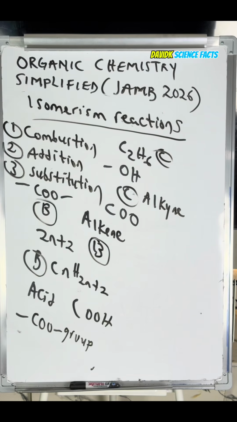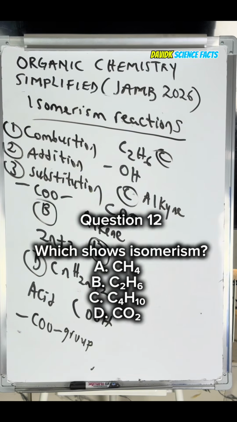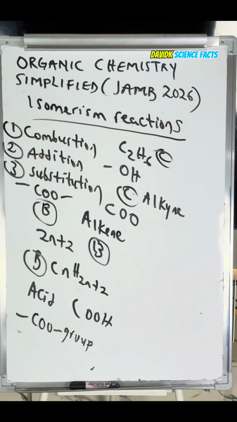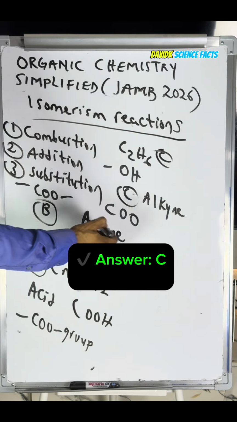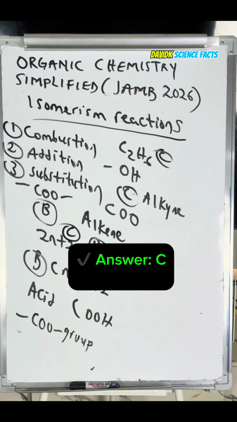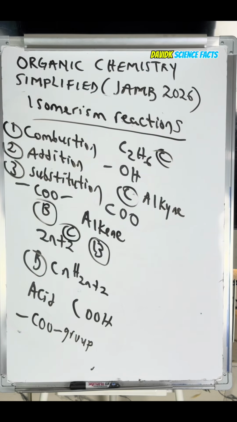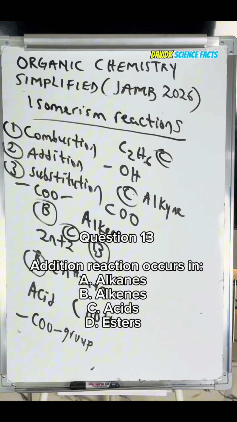Question 12. Which shows isomerism? A. CH4, B. C2H6, C. C4H10, D. CO2. The correct option is C. Question 13. Addition reaction occurs in A. alkanes, B. alkenes, C. acids, D. esters.